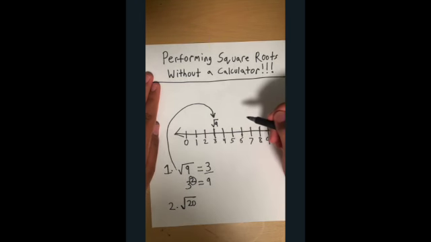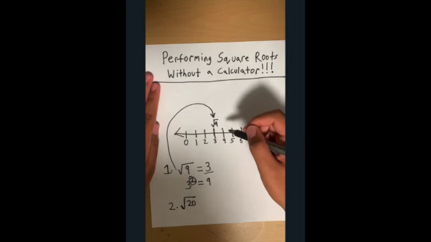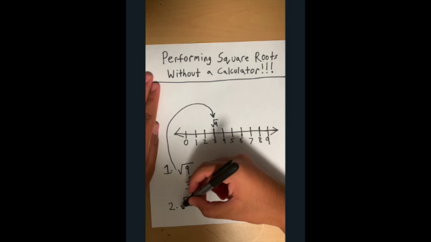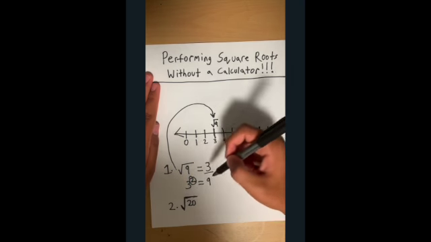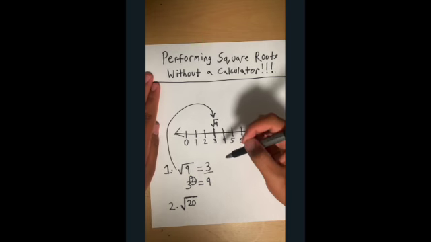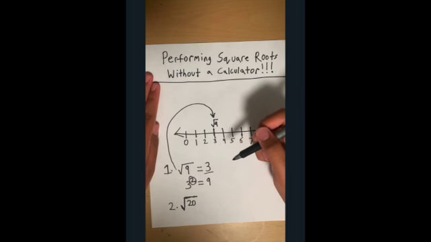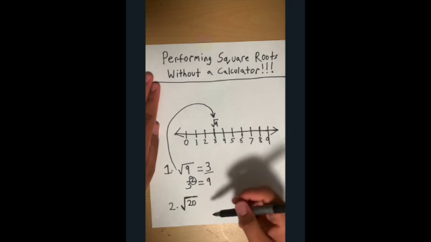So here's what I do to find this out. Obviously I'm going to find two numbers that are perfect squares, one just below the square root of 20, and one that is higher than the square root of 20.